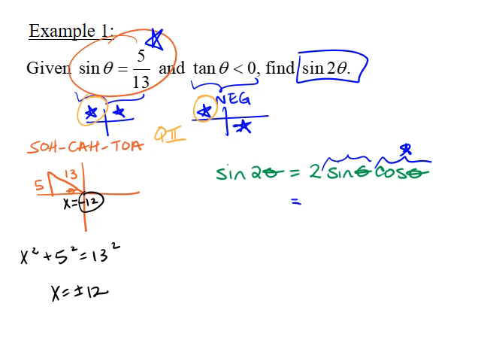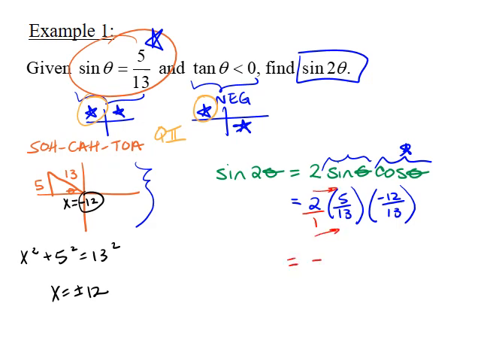Now we can use this triangle and plug in the given information. Sine of theta was given to us as 5/13. Cosine of theta, applying SOHCAHTOA, gives us -12/13. Remember, when you multiply fractions, multiply across the top and across the bottom, and you should end up with -120 over 169 for the final answer.